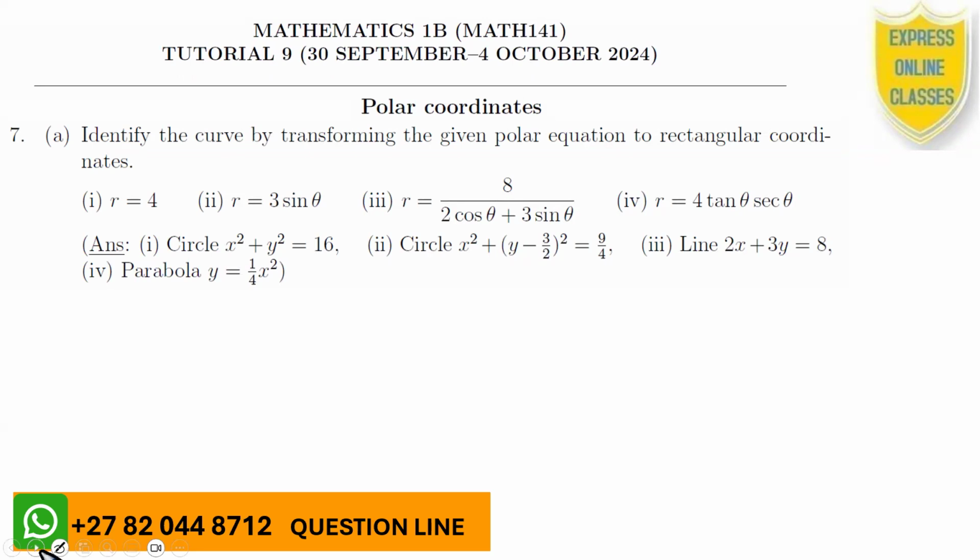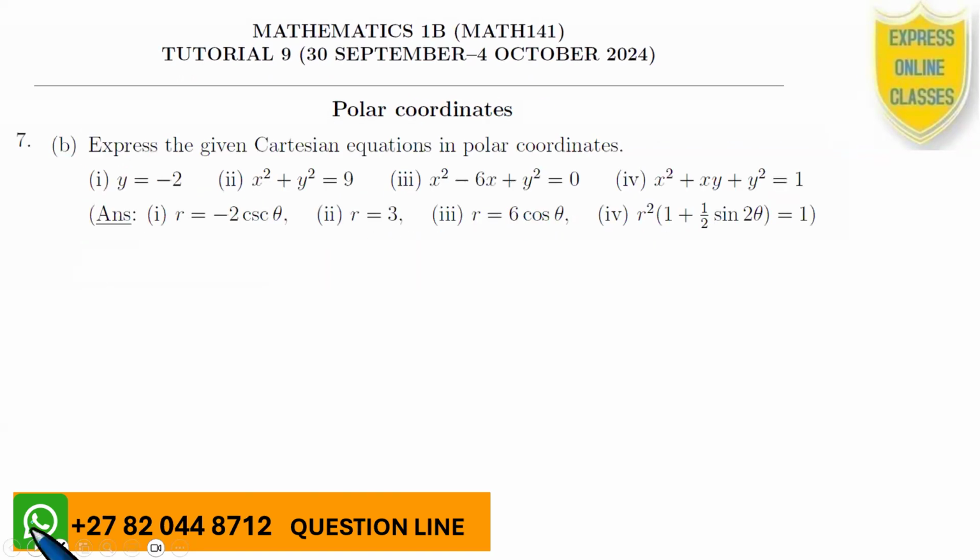So we're done with 7A, and then there's 7B. Express the given Cartesian equations in polar coordinates. Right, so you have the following Cartesian equation. So let us look at B first Roman figure. We have y equals -2.